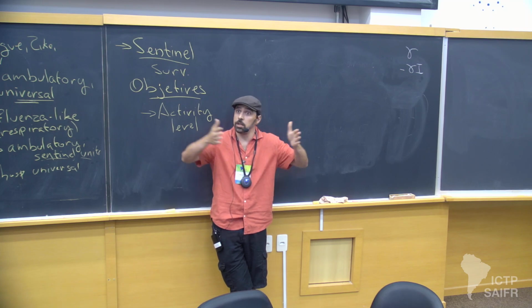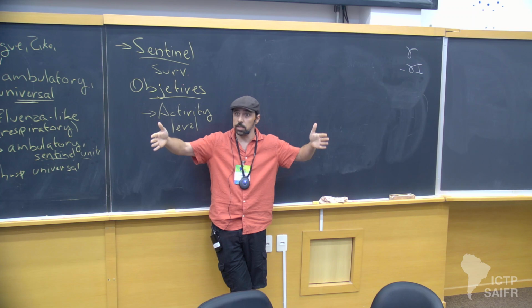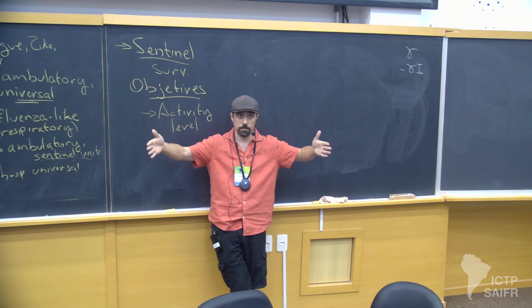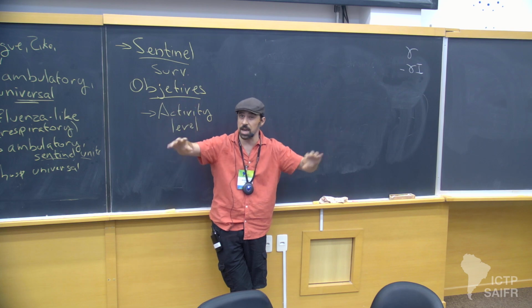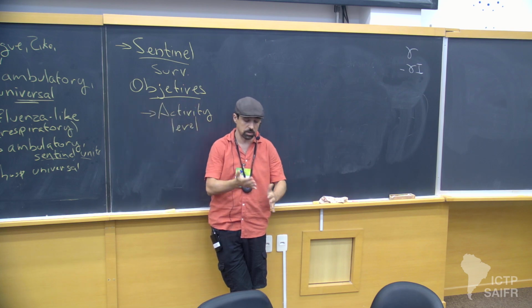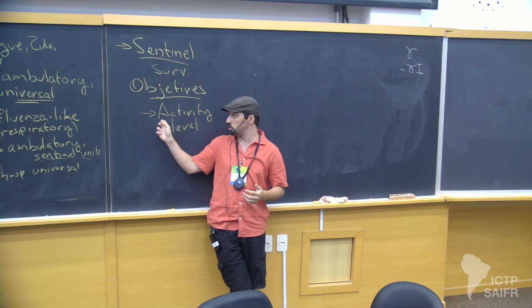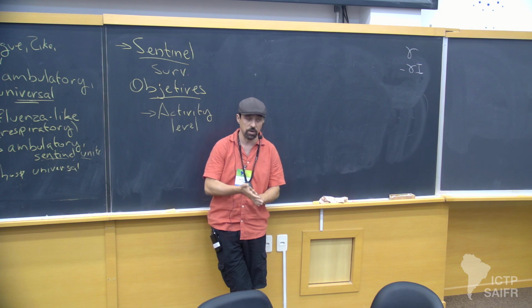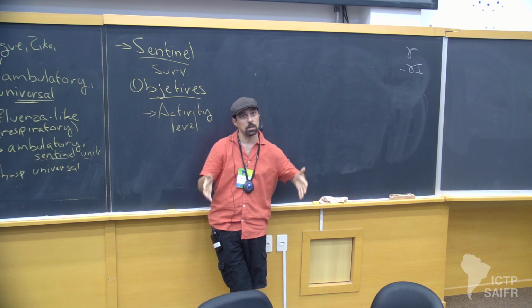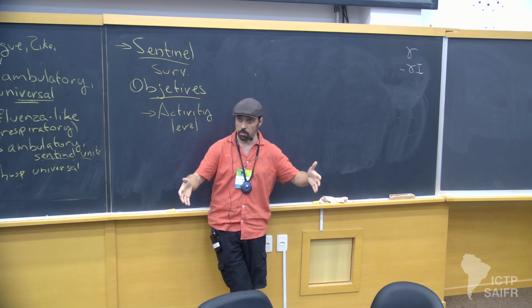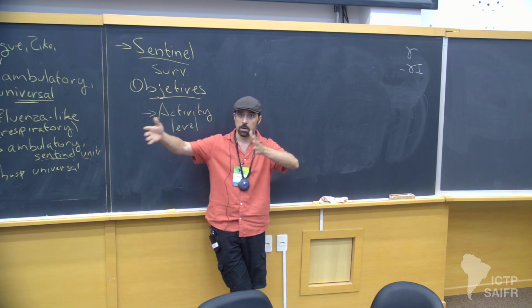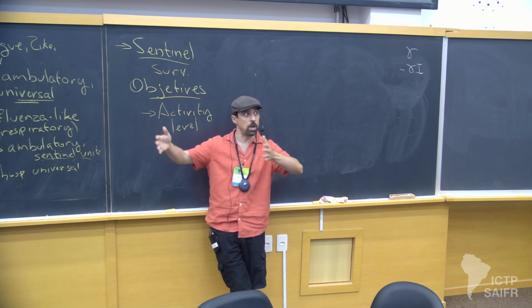So I need historical data, stable historical data, to be able to estimate by any given method. We will go in the next few days over some of the methods to do this kind of calculation. But I need historical data that is comparable along the time. What do I mean by that?